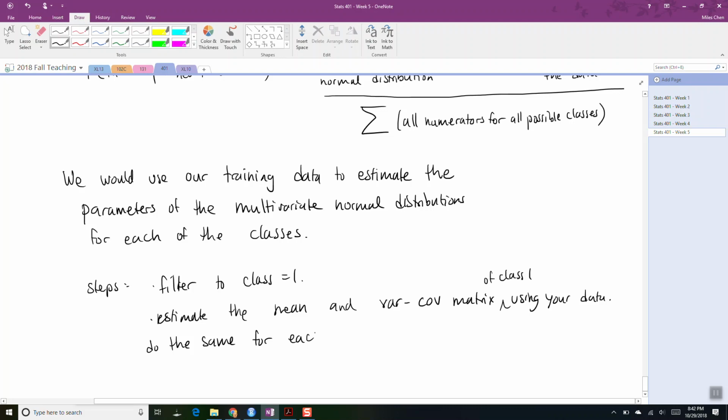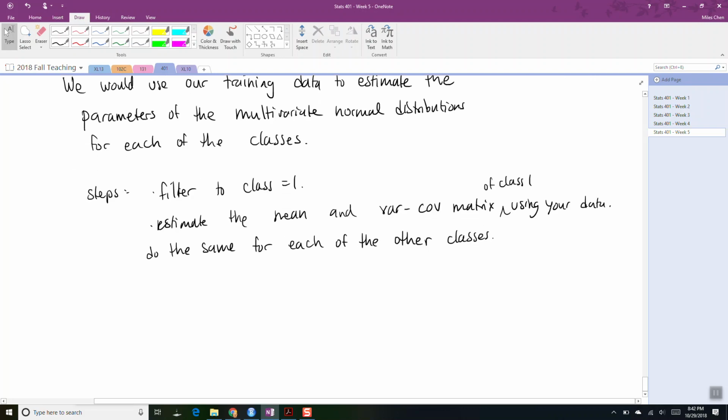Do the same for each of the other classes. Then, based on your estimated distributions, calculate the numerators.